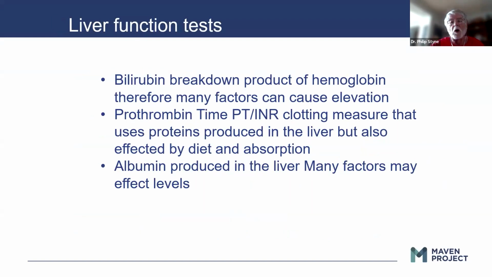Bilirubin, breakdown of hemoglobin, which I'm sure you're all aware of. It has so many factors it can cause elevation. But I think the most common thing to do when looking at a bilirubin is to see if the majority of it is direct or indirect, especially in patients who have low levels of elevation of bilirubin in the, say, 1.5 to 2.5 range. If a lot of it is indirect, certainly think of either hemolysis or Gilbert syndrome.